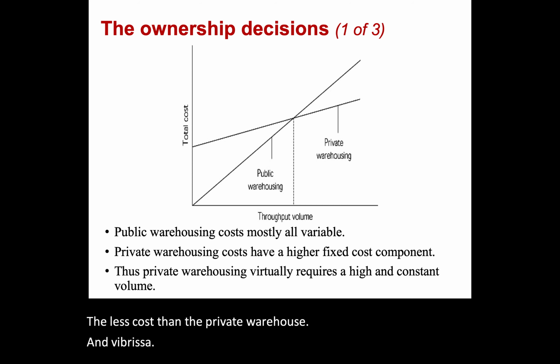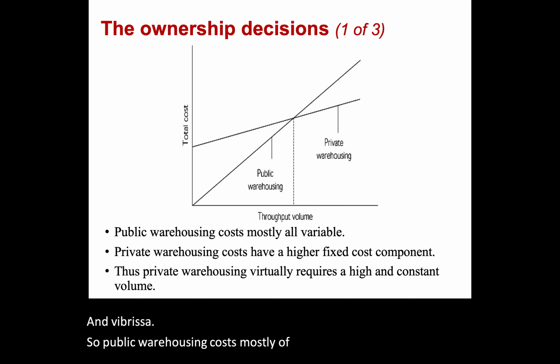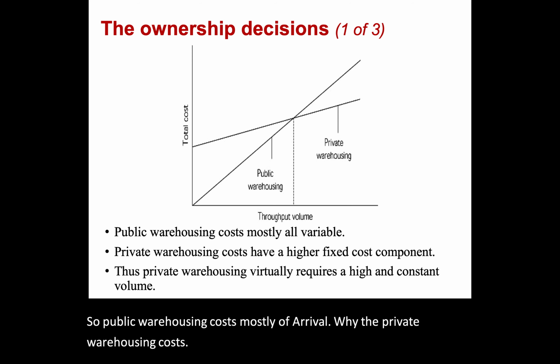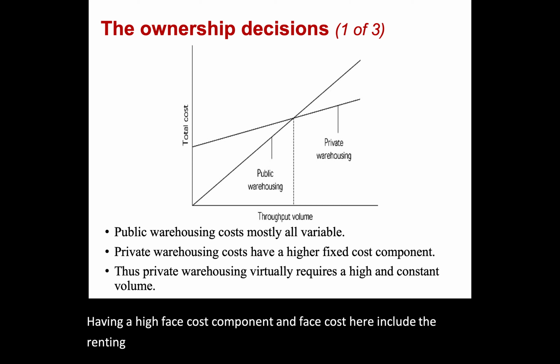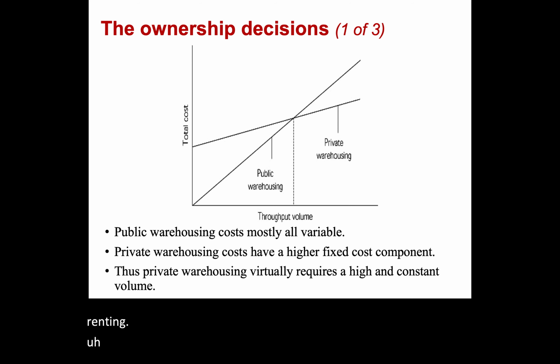So public warehousing costs mostly are variable, while the private warehousing costs having a high fixed cost component. And the fixed cost here include the renting or other type of fees that you want to operate a warehouse.